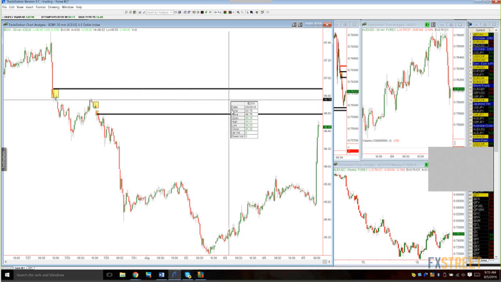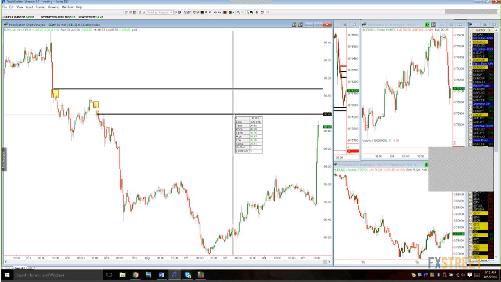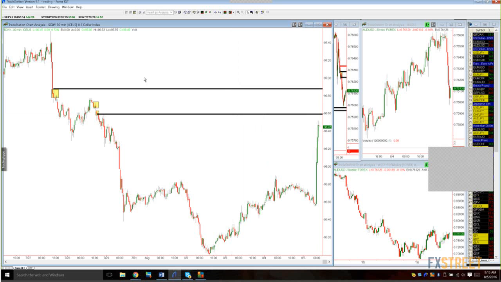Okay, still a really, really small range. It's 96.60 up to 96.90.